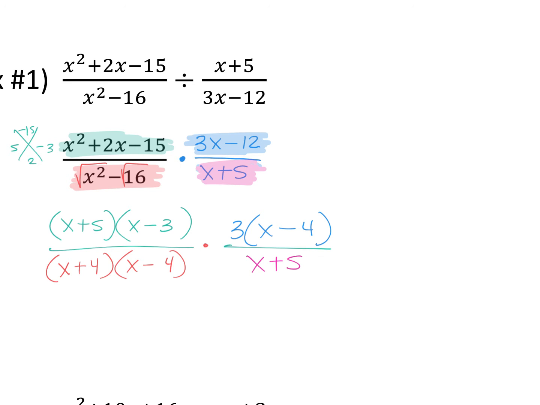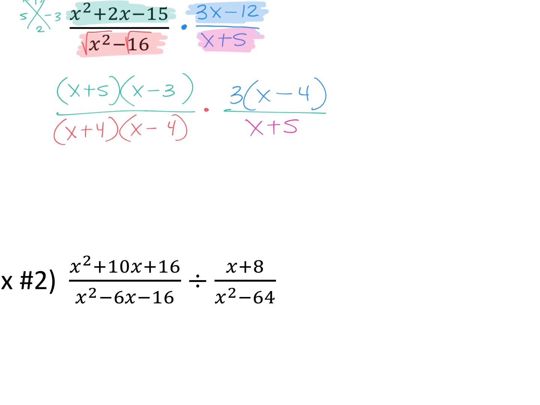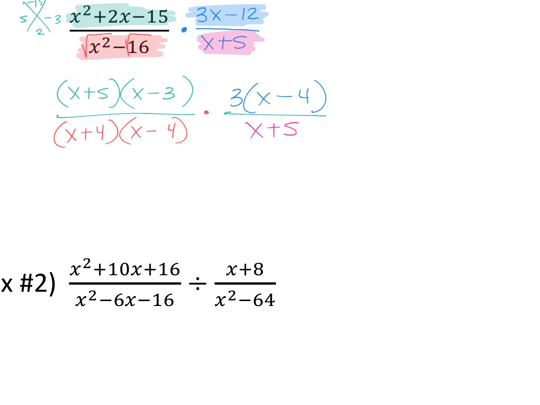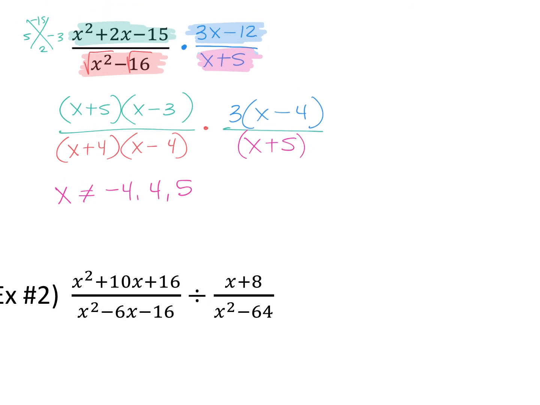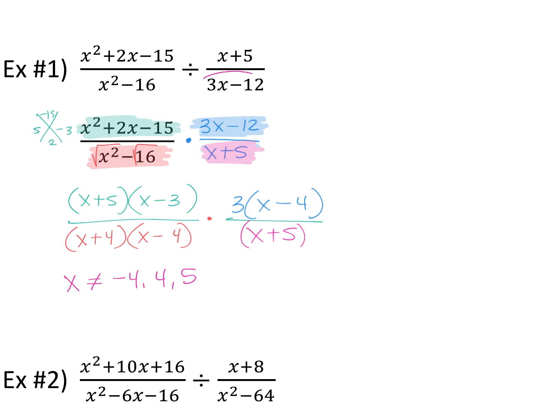Restrictions. Here's the deal. The way we have it set up right now, we have as restrictions, x cannot be what numbers? Negative 4, 4, and negative 5, okay? Now here's the deal. When we started the problem, this was on bottom, which means this was a denominator, right?